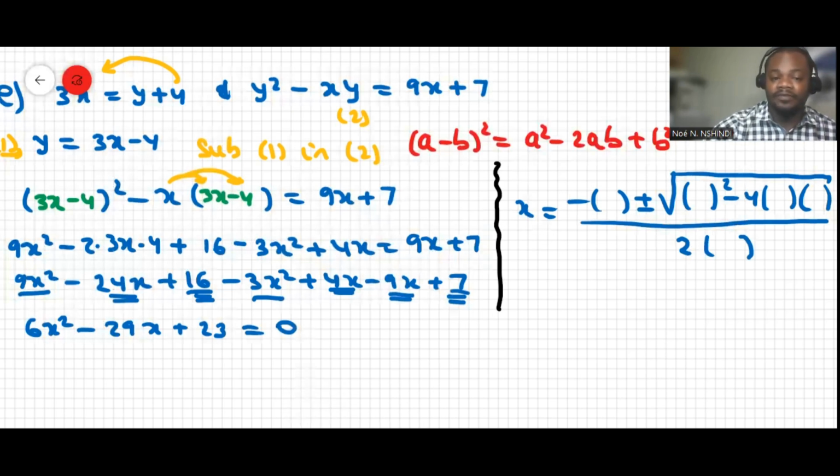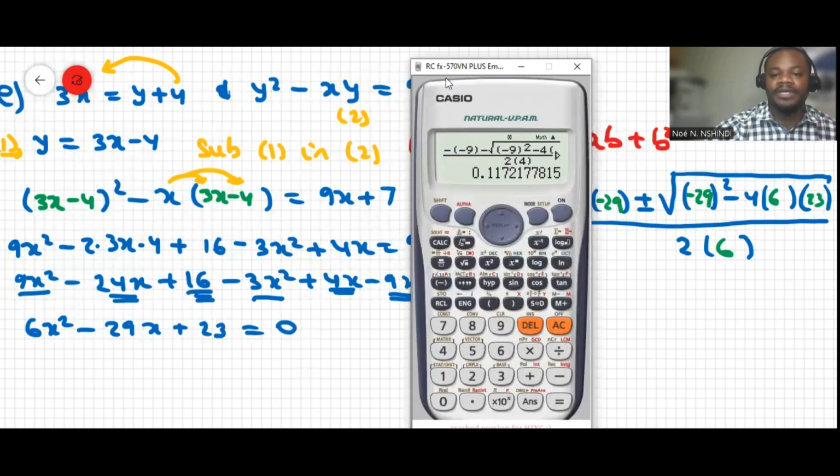b is negative 29, a is 6, and c is 23. So x will be, we generate two solutions. We can use our calculator.